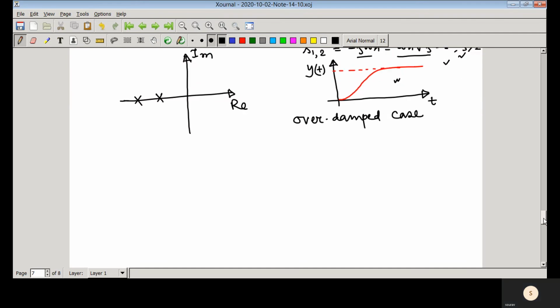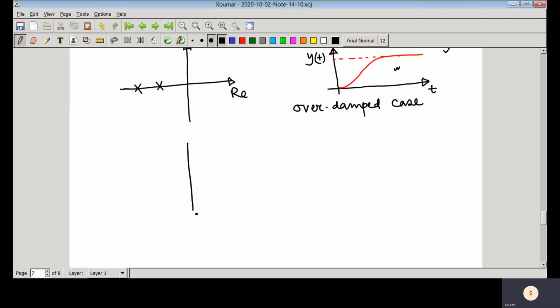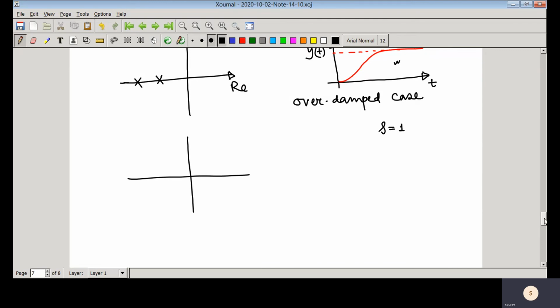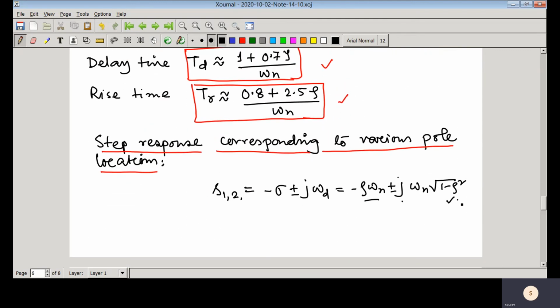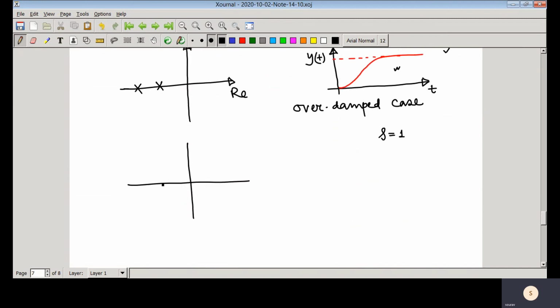Now the second case is the critically damped case. Critically damped means zeta equal to 1, and whenever zeta is equal to 1, if you put zeta equal to 1, this term would be equal to 0. So you have two poles at the same location and they are real and negative.